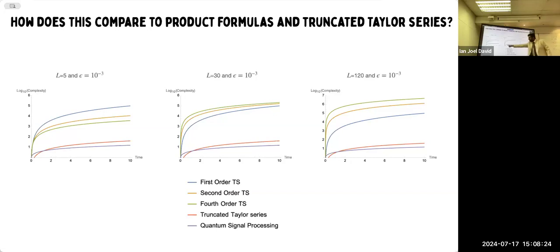But after this point in time, which is around 1 second or so, the signal processing is just outperforming it completely. And this is optimally tight. So you can see it outperforms the product formulas, it outperforms the truncated Taylor series, and quantum signal processing is the optimal. Of course, if you change these parameters like epsilon, you'll see even better scaling for quantum signal processing. But that's just something I wanted to show you, that this is an efficiently scaling algorithm.